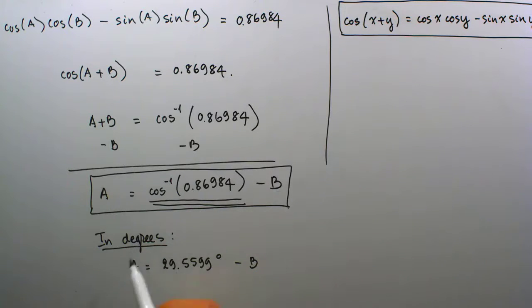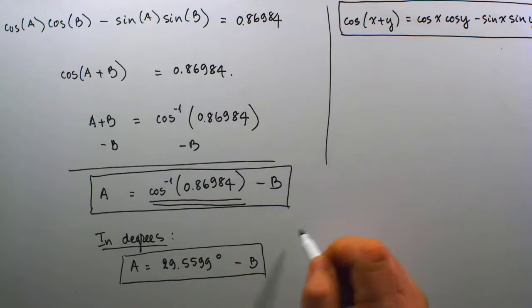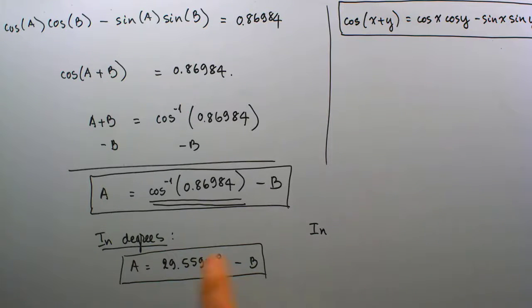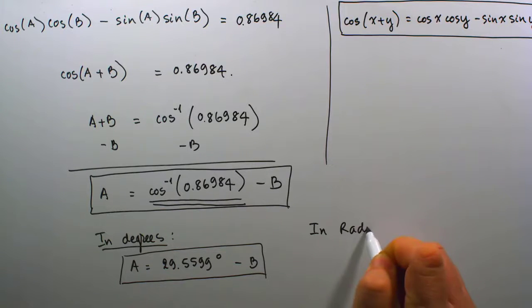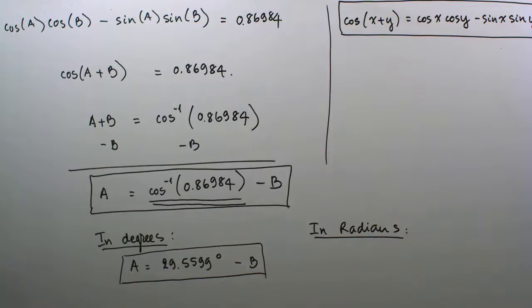So in degrees, you can also write the angle A as an expression in terms of B as 29.5599 degrees minus B. Or if you are asked to express your final answers in radians, then we are now looking at A equals cosine inverse of that in radians, which gives me 0.51592.